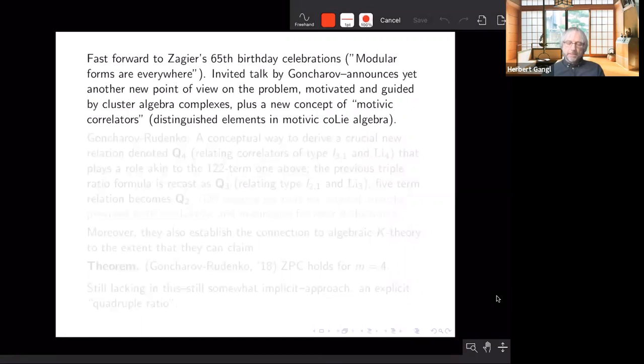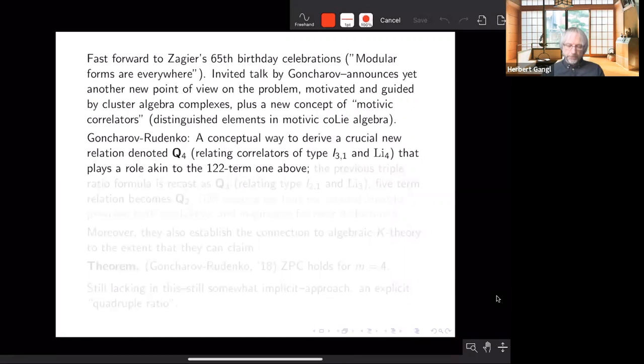Together with Rudenko, they had a new relation that they denoted Q4, and that related those new motivic correlators that roughly played the role of I31 and Li4, as in the conjecture that I put forward from Goncharov earlier on.